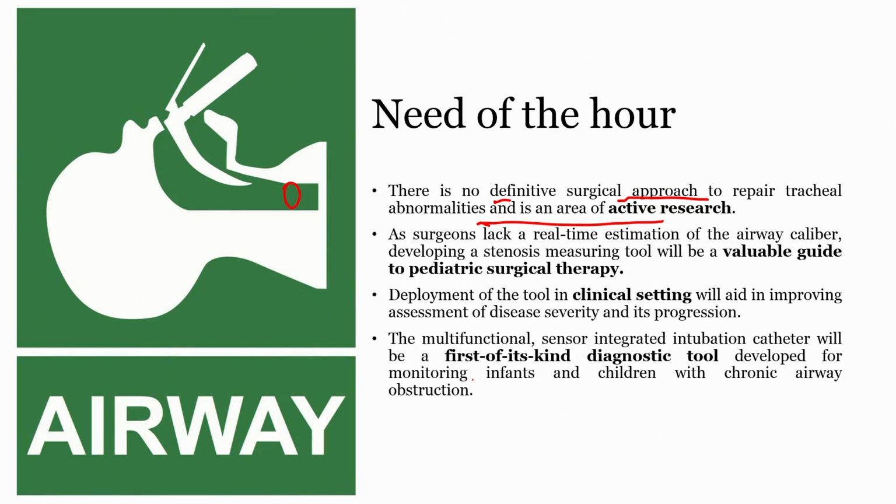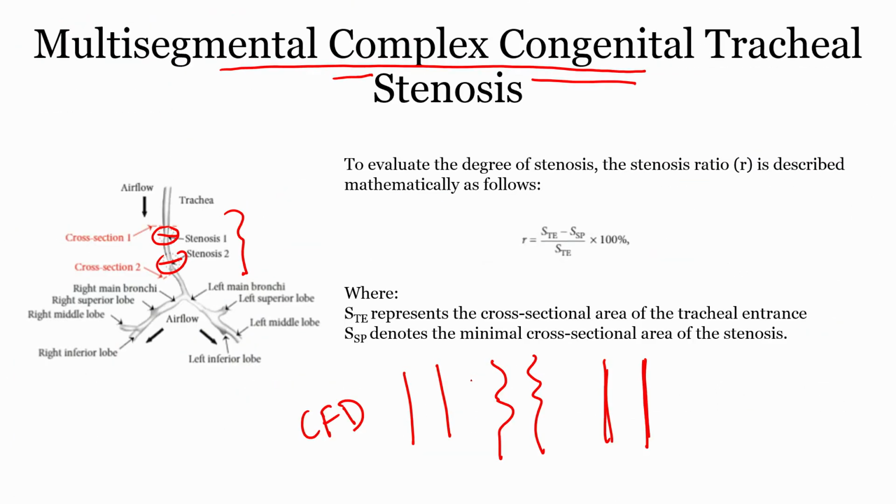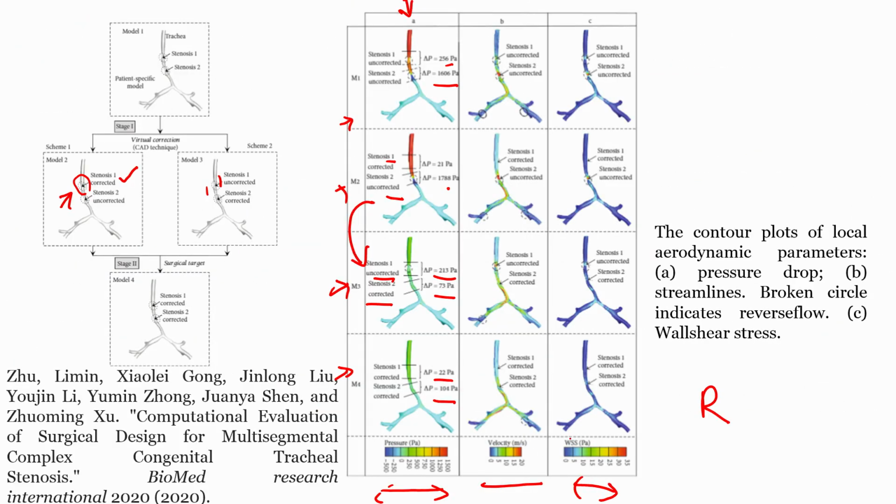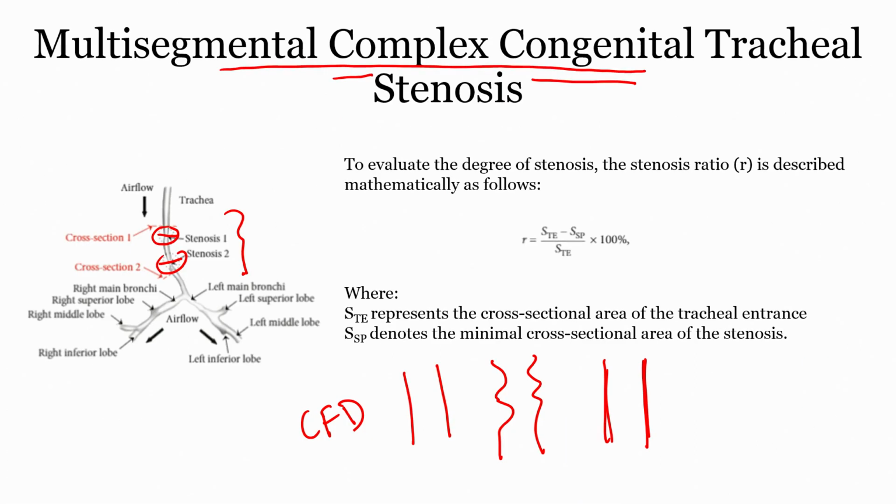Not just the change in geometry, but also the wall shear stress. So, this is one such simulation. The resistance has two contributors: one is the geometry, the other one is the wall shear stress. All of this simulation has been done just to understand the change in fluid flow through this channel.